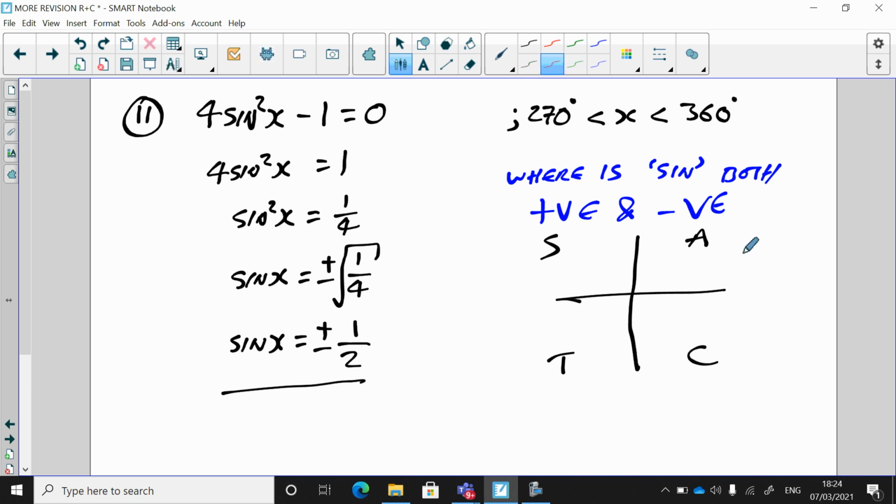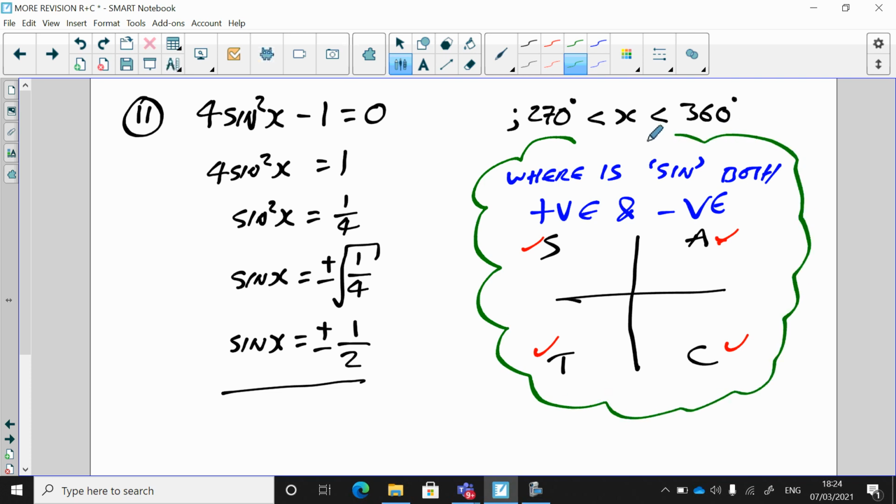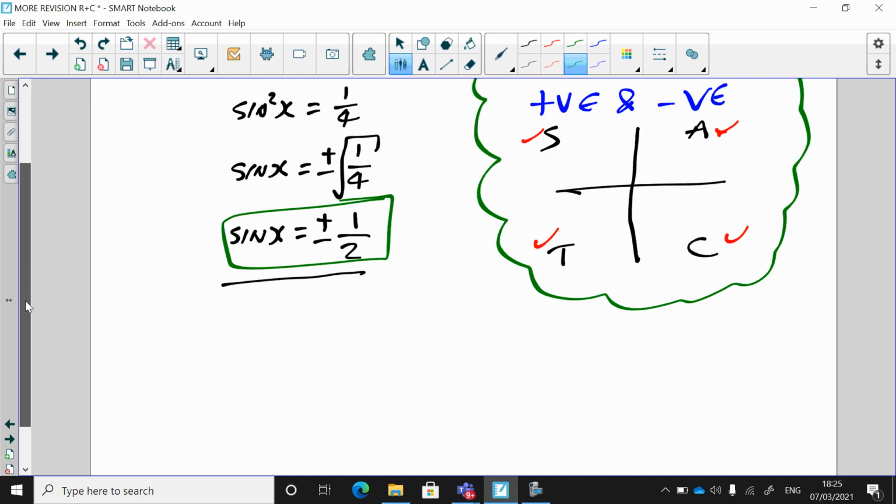Well, it's actually going to be positive in all four there. Right, so there's a possibility of 4 answers, but we need to go and sort out this part here because we get positive and negative half. So we need to bring on board the stunt double. So I'm just going to bring it down the page.